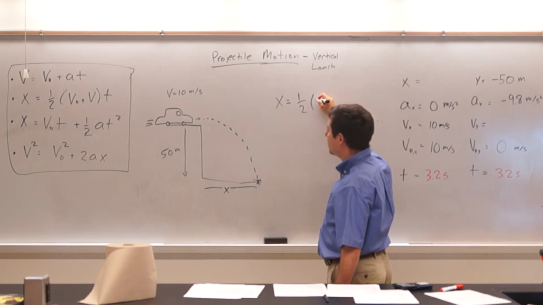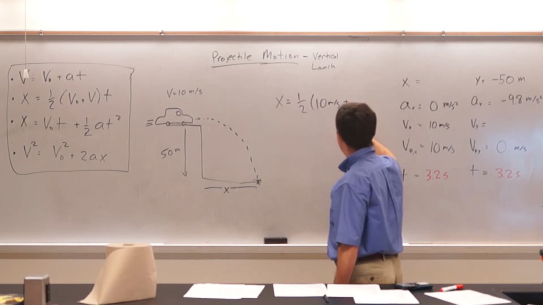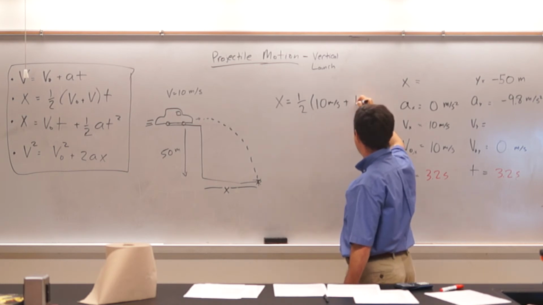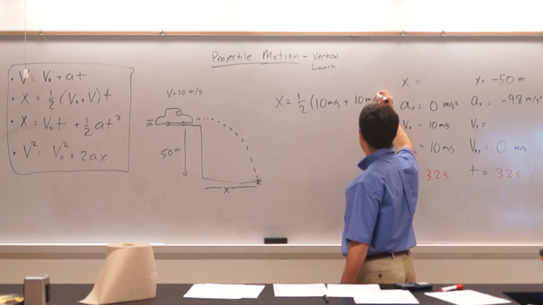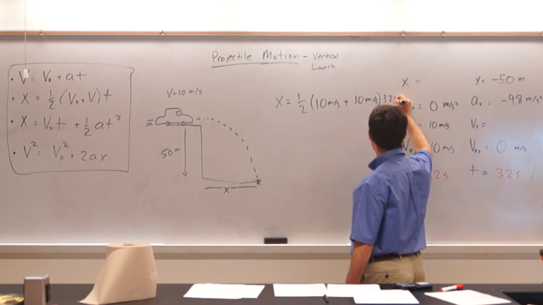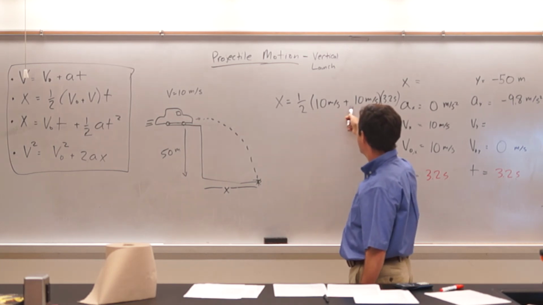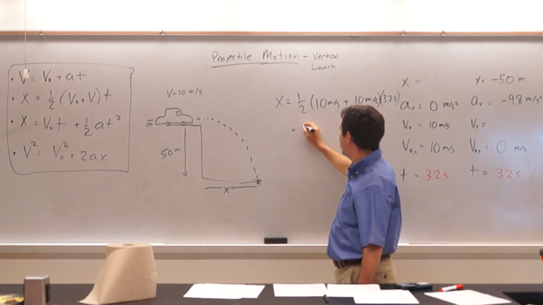What am I saying? Of 10 meters per second is initial velocity, plus the final velocity is also 10 meters per second, times the time of 3.2 seconds. So you end up getting 10 plus 10 is 20, but 1/2 of that is 10.